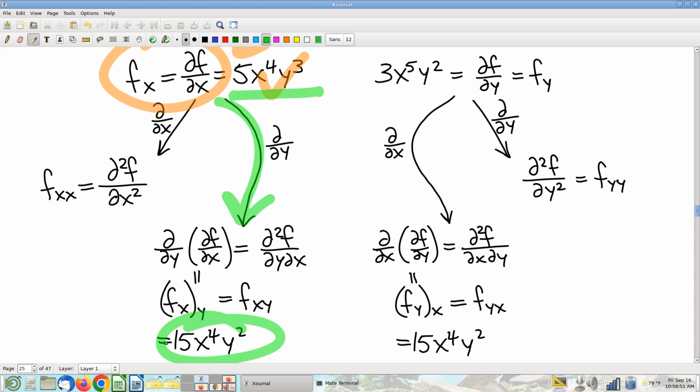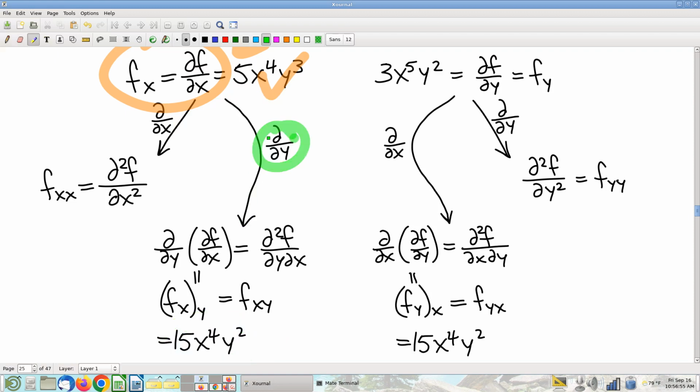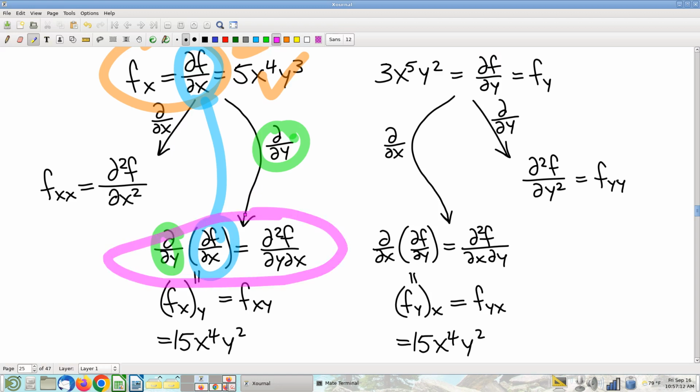And let's think about how we should write that down. Well, we're taking the y partial, after all. What are we taking a y partial of? We're taking a y partial of the partial of f with respect to x. One notational option that would seem reasonable is to just smash all these characters together, and people will write it like this.